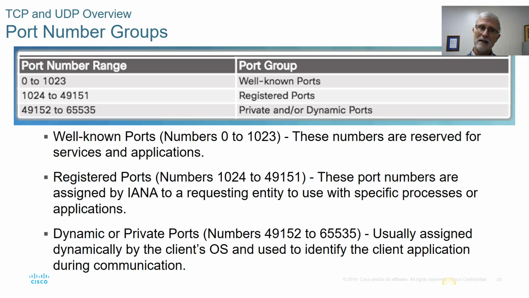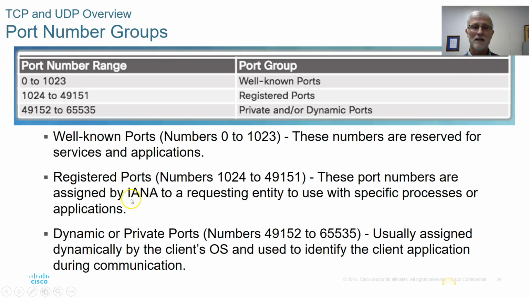And then anything above 49152, they're private, they're dynamic, they change. Every time you send a text, or you use a different application, you're going to get a different port number. And every time it opens and closes, you're going to get something different.